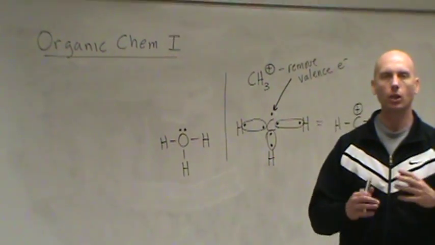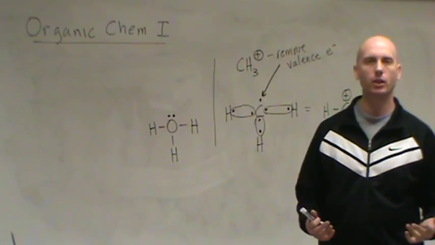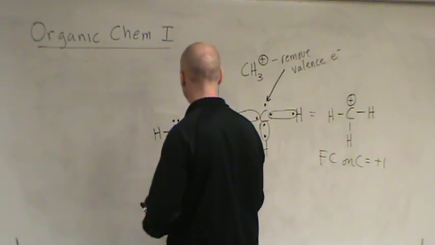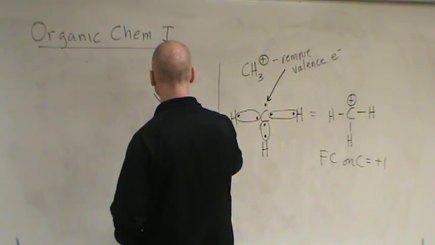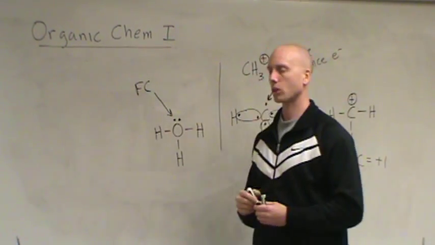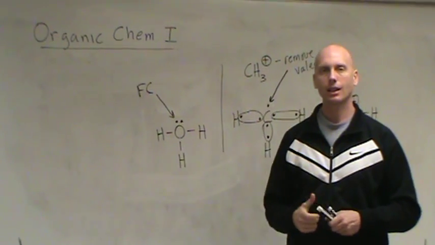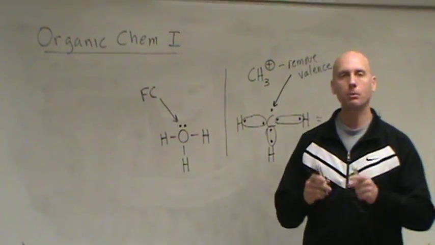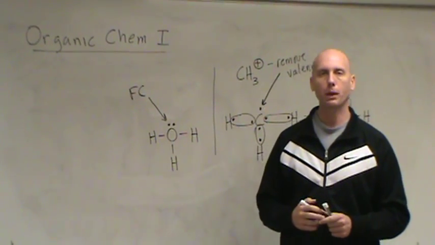Okay? And you didn't know ahead of time if there's a charge in there or not. Okay? And I asked you, what is the formal charge on that oxygen? Can we figure it out if we go backwards? Yes. Let me give you the rule by which we do that.